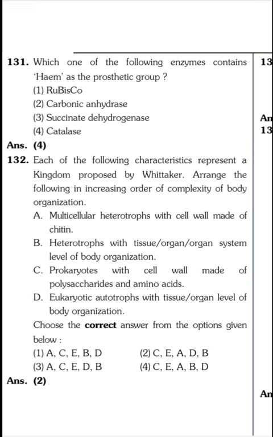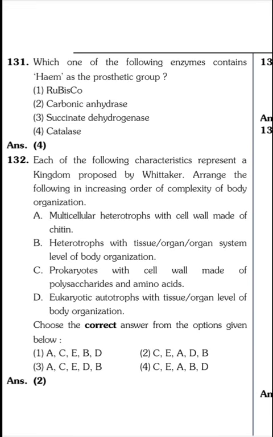You know, as per the 5 kingdom classification, first is Monera, Protista, fungi, plantae, animalia. In the same sequence it should be arranged. So I should look for prokaryotes. C is the first one, prokaryotes with cell wall. Then unicellular, next I have to see eukaryotic.